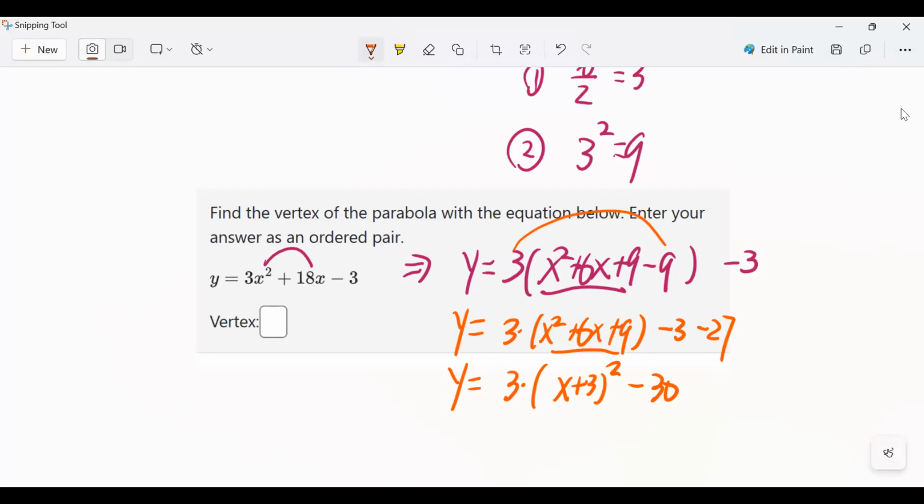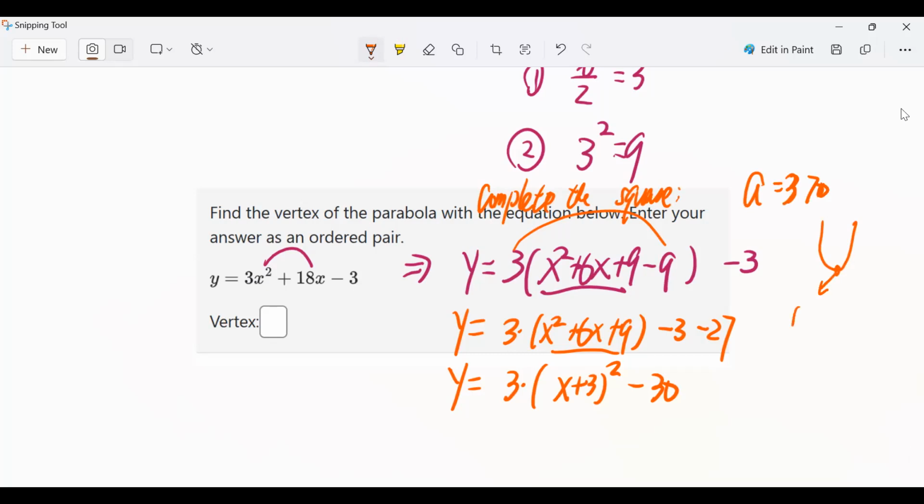So this part is called completing the square. Once we complete the square, we'll be able to find the axis of symmetry and the vertex. Because a is equal to 3, greater than 0, this parabola opens upward. So we do have a minimum here.